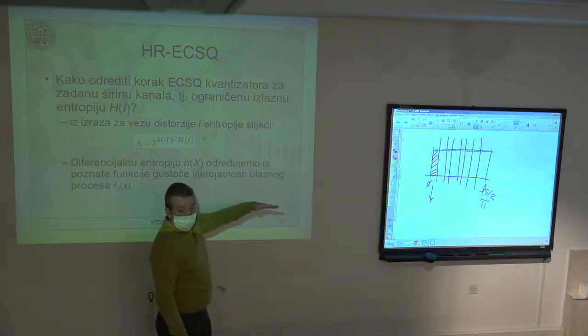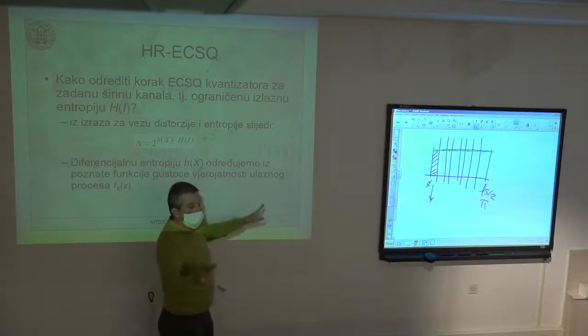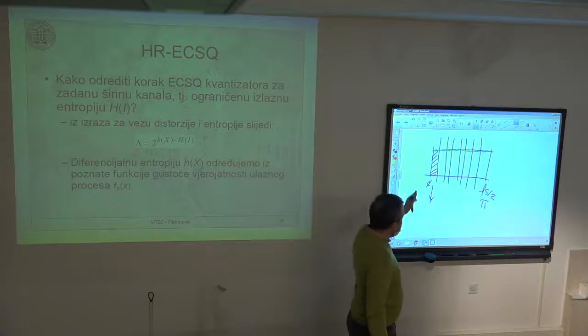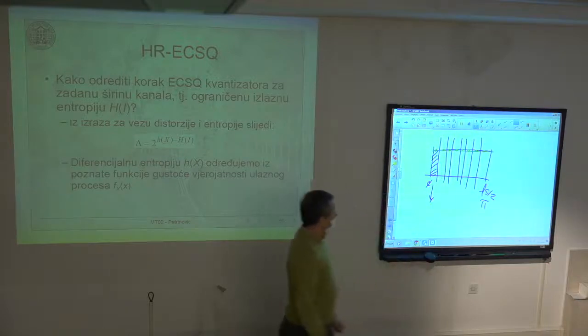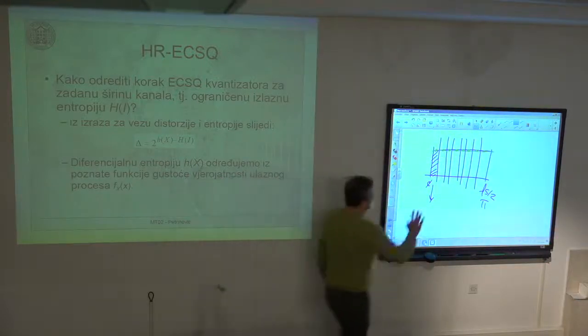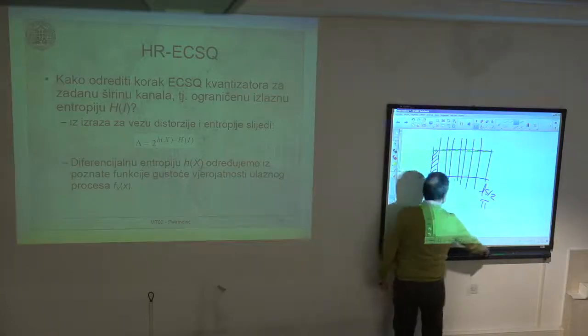And the variances are the same after converting the input signal to 8 sub-signals. All of these 8 variances are the same, and you don't have any gain. But you have gain if these variances are different.